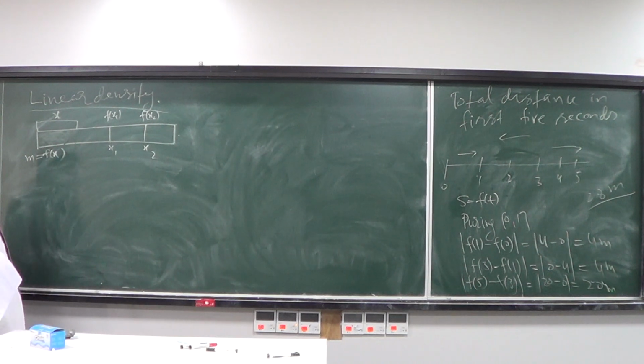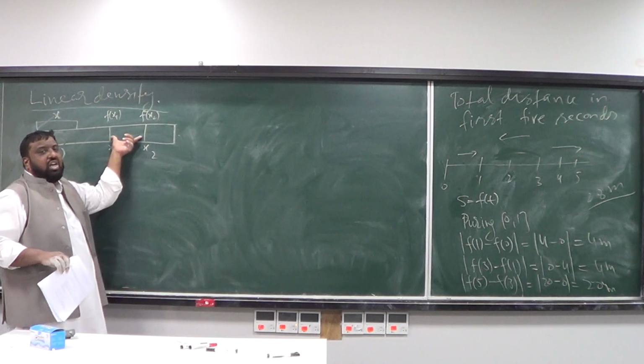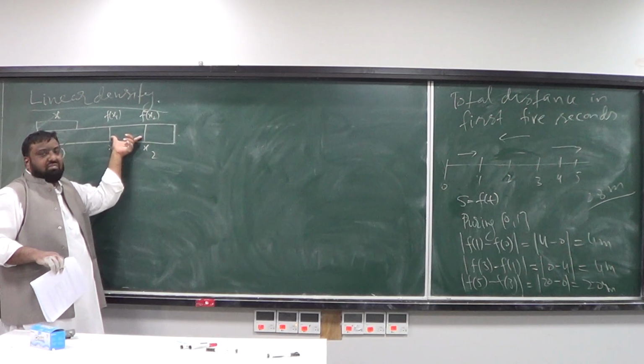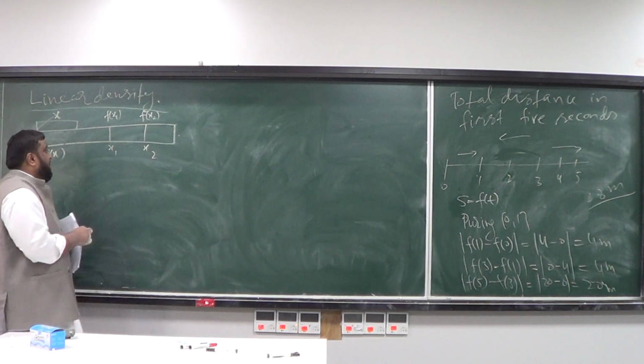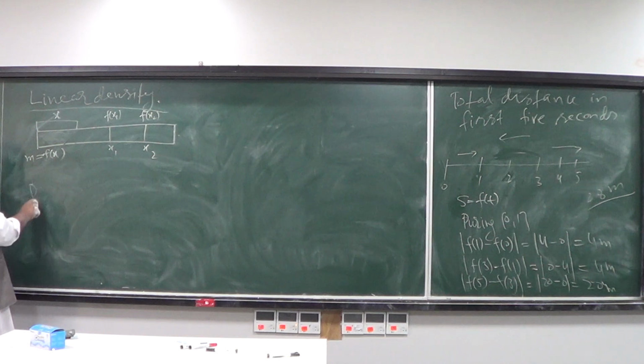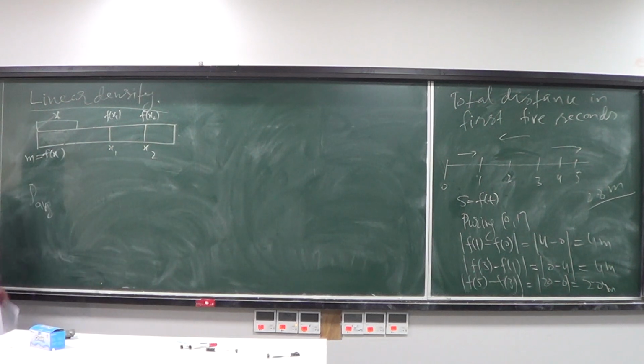But now imagine that I'm interested in the mass of this chunk only, the density of this chunk of the rod. I'm interested in the average density in this part of the rod.